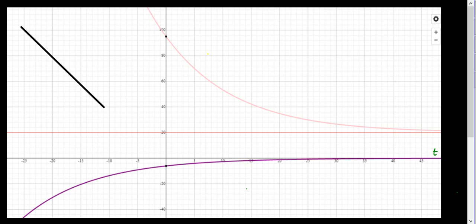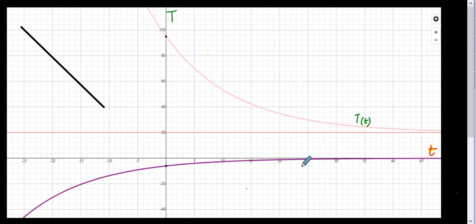So I want to show you that on the graph so that you can see that connection between derivative and the function. So this function, so here is our t. It should be red because our number of minutes is red. So that's our t. And here we have our capital T. This function, that's the t function.